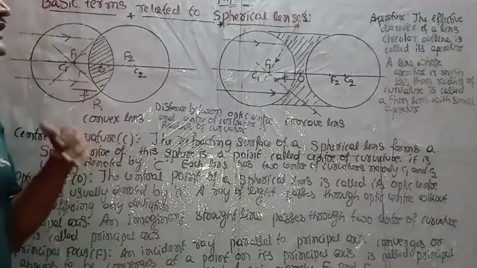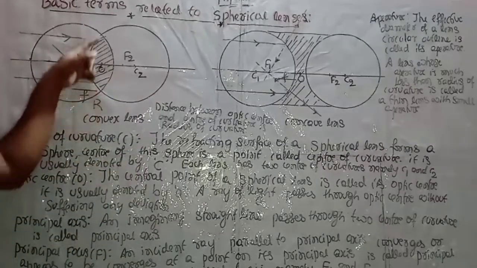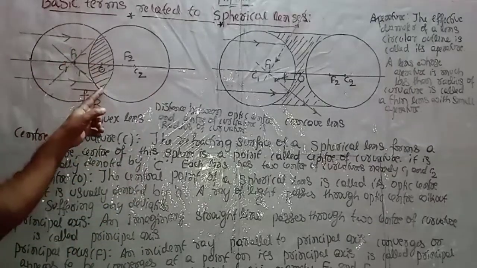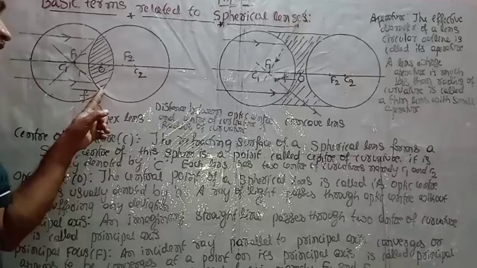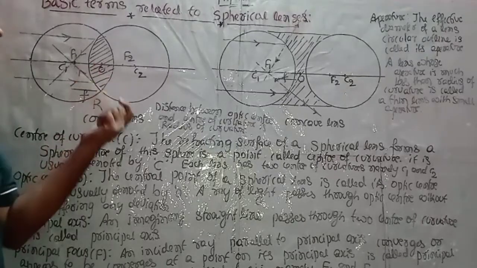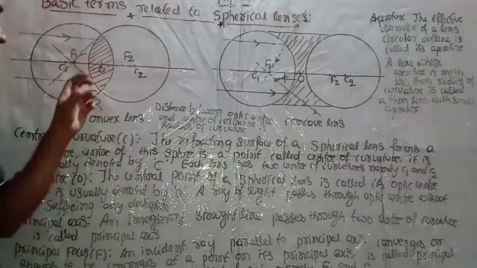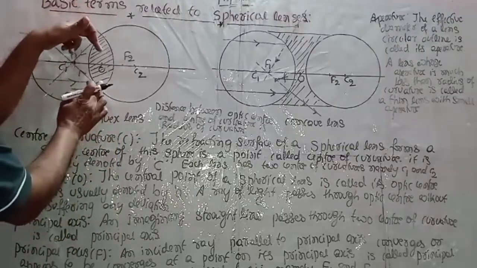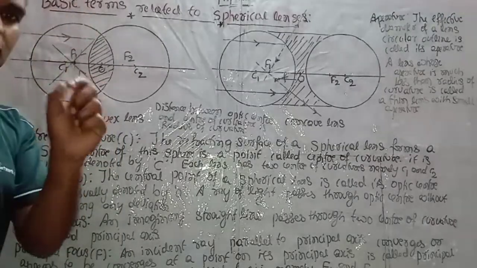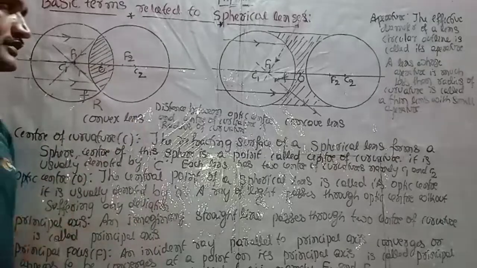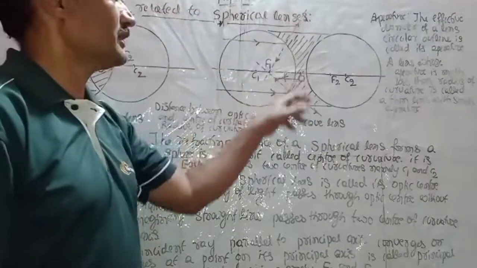Next, aperture: the height of lens or the effective diameter of a lens is called aperture. A lens with a smaller aperture, less than radius of curvature, is called a thin lens. This height is what we call aperture.